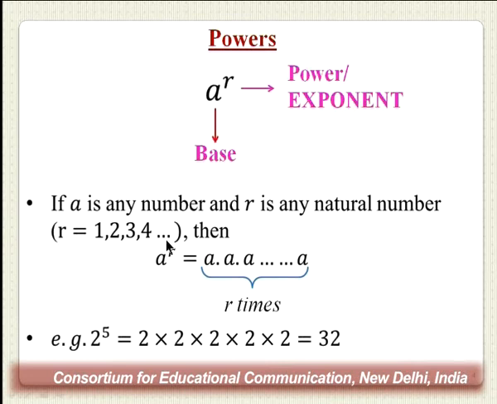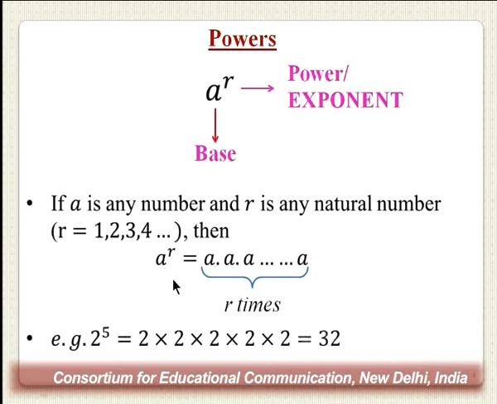In particular, and this is a rule that you would have done in school, if a is any number and r is any natural number, which is to say that r is your positive integers 1, 2, 3, 4 and so on, then the expression a to the power r is defined as the number a multiplied by itself r times.